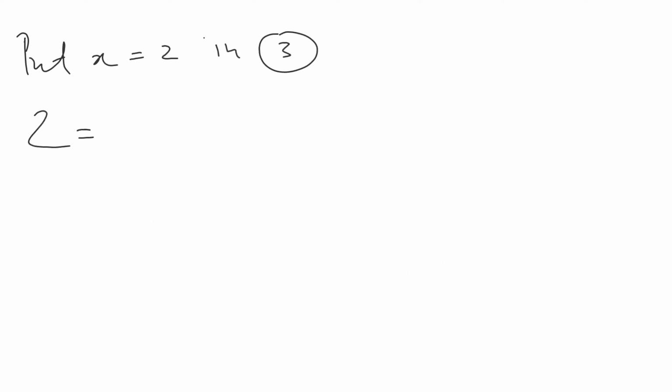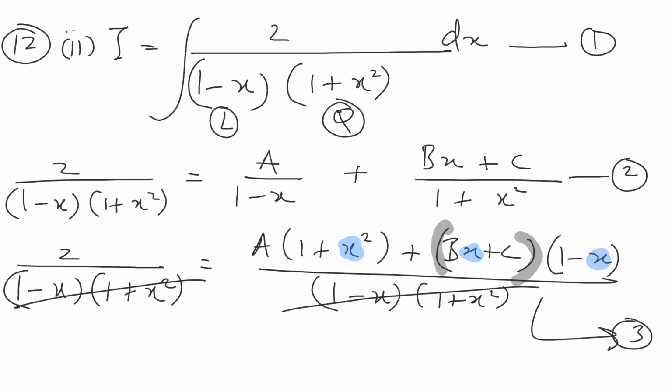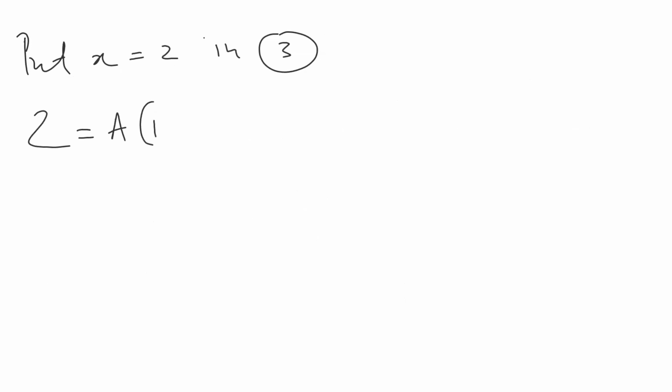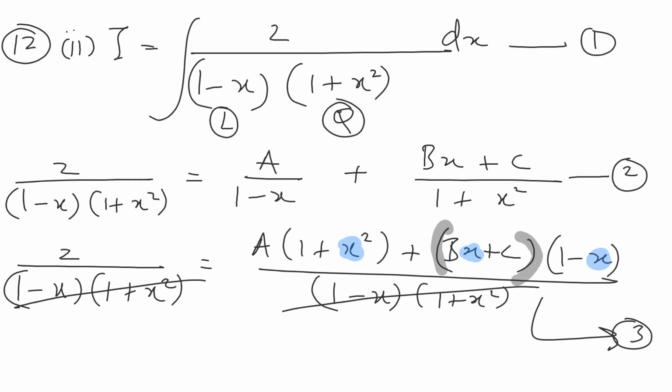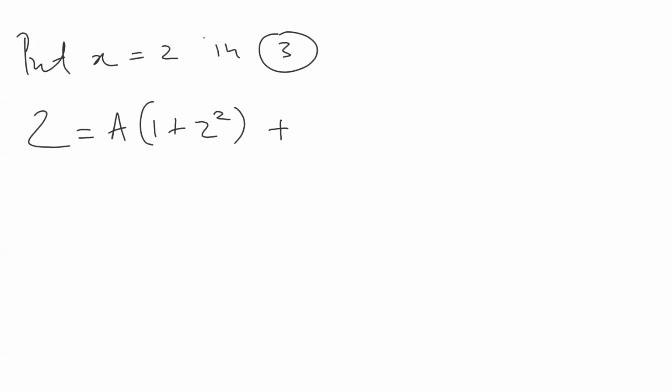So 2 is equal to a into 1 plus 2 square, plus b into 2 plus c. Let's put a bracket, this bracket is very important, into 1 minus 2.